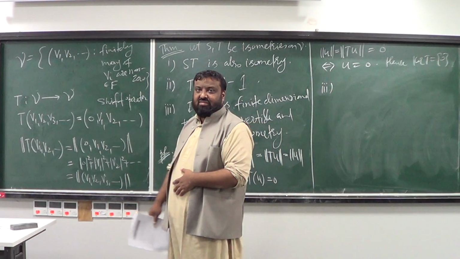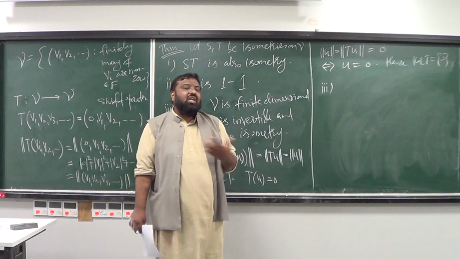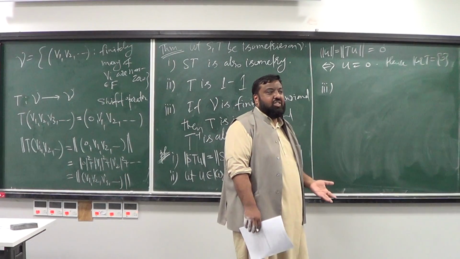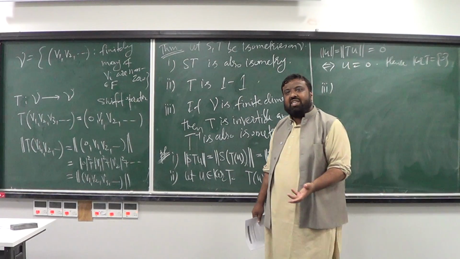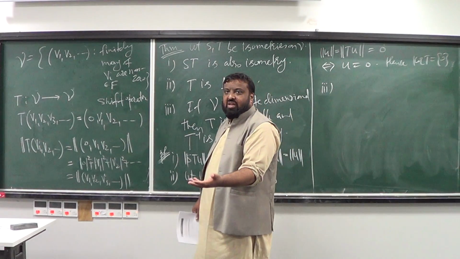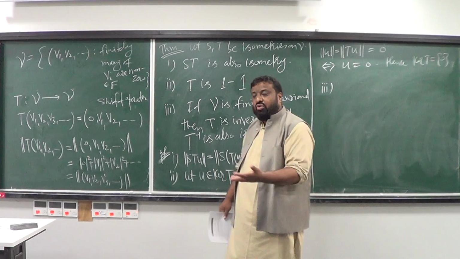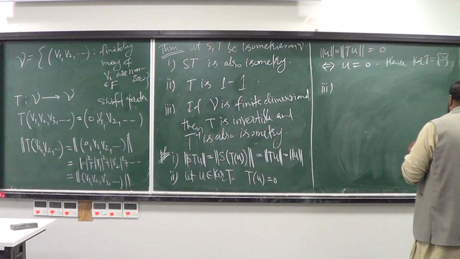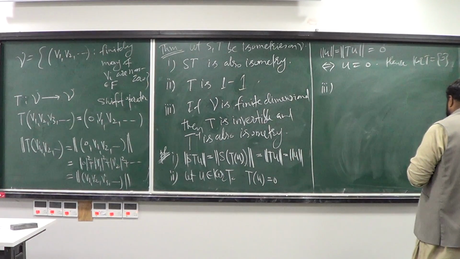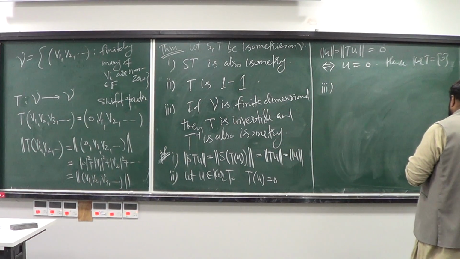So you can't have a linear transformation that is only 1-1. Every 1-1 linear transformation must be onto, especially in finite dimension.